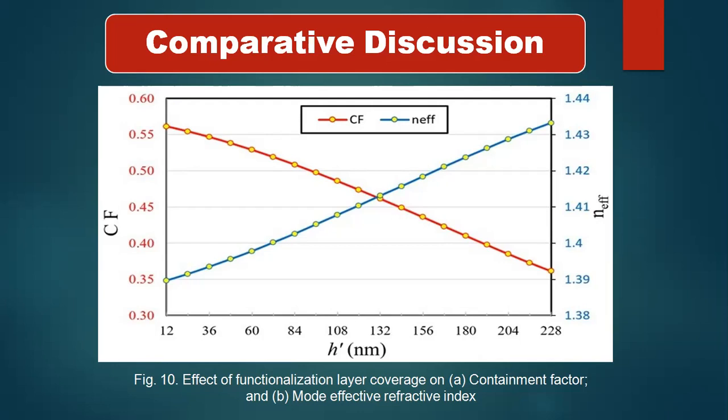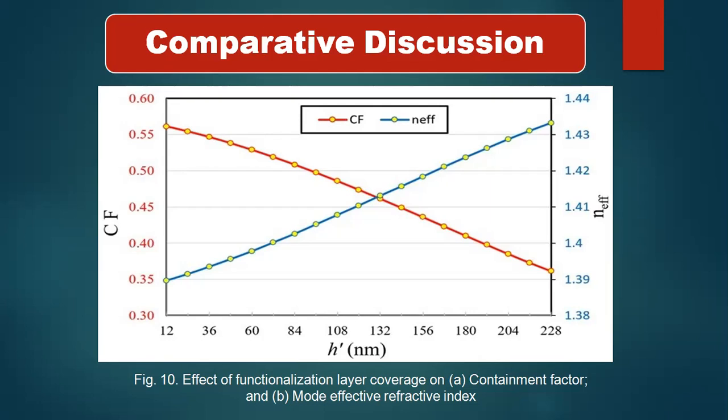And we can see that with an increase in the functionalization layer coverage, the containment factor decreases. Well, what does that mean? That means that as the functionalization layer coverage was increased for the silicon nanowires, the energy between the silicon nanowires decreased. And as we know that the energy does not go inside the silicon nanowires themselves, it indicates that the energy is getting transferred to the functionalization layer.